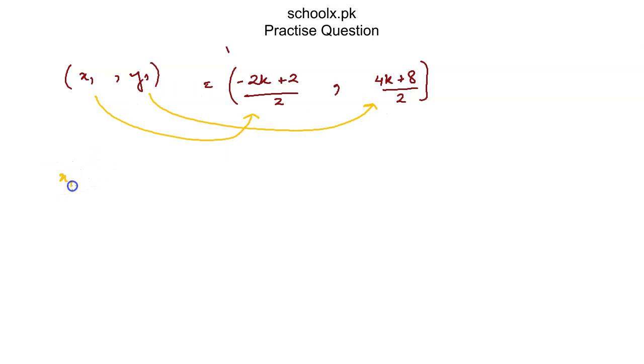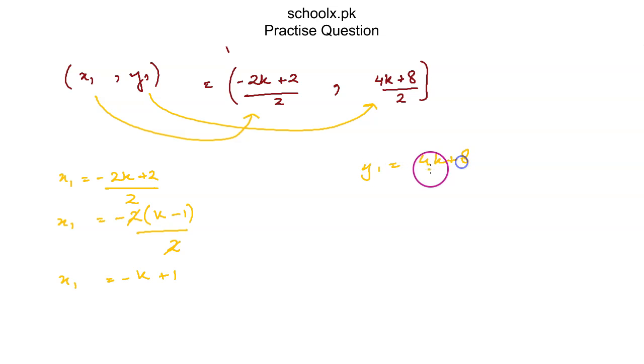Let's simplify further to make things less complicated. Taking -2 as common from x1, I get -2(k - 1) over 2, so we get x1 equals -(k - 1). From this, y1 equals (4k + 8) over 2.